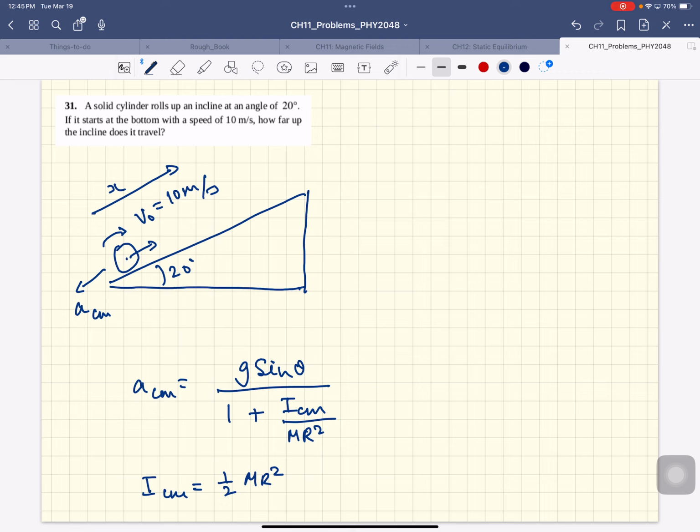Okay. So the acceleration will become, okay, this is 1/2 mr squared. The mr squared will cancel. You have 1 plus a half.